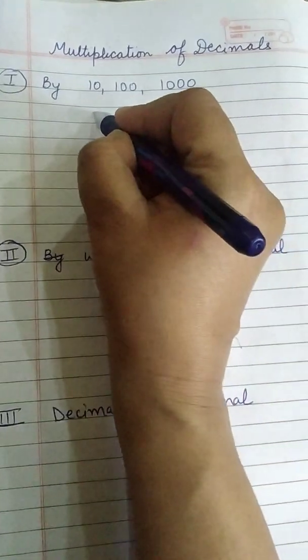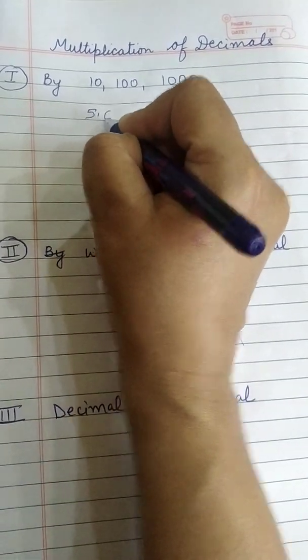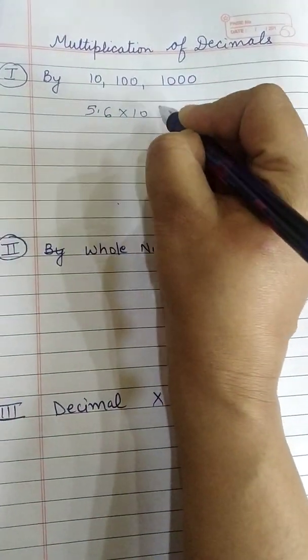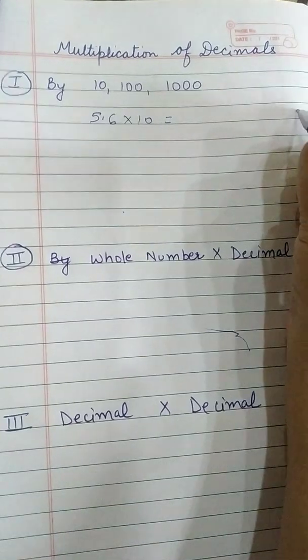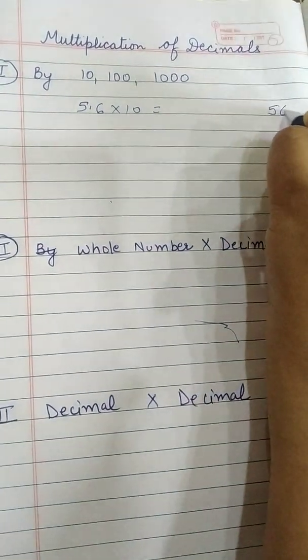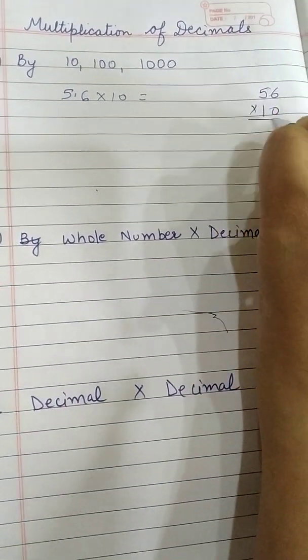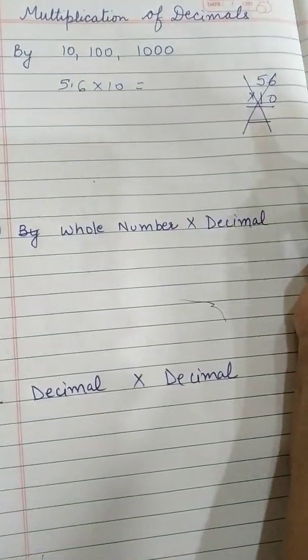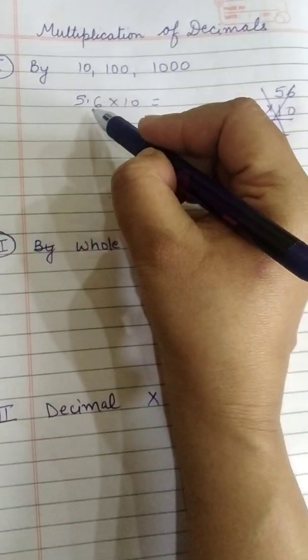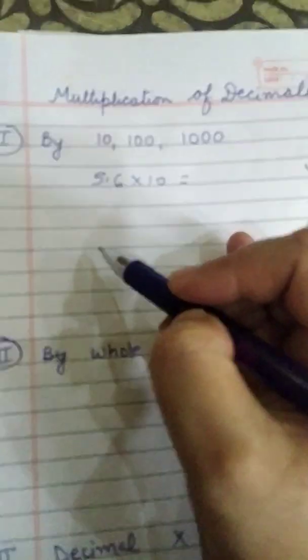If I am having a number here, 5.6, and I have to multiply it with 10, there is no need to write down separately in the column method to do the multiply. Directly, how will we do the multiplication here?